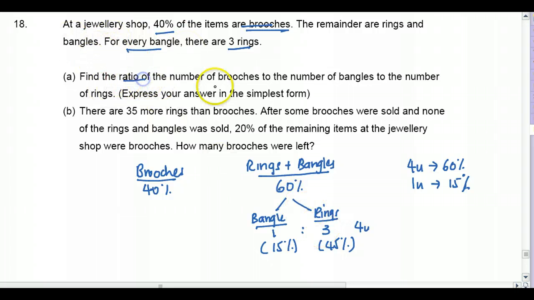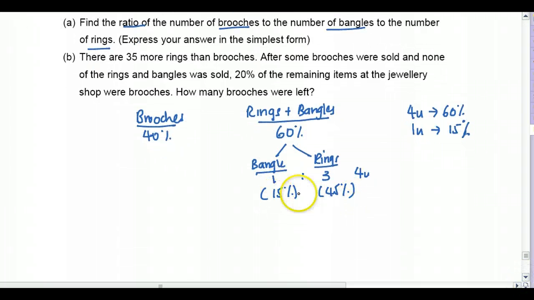Find the ratio of the number of brooches to the number of bangles to the number of rings. So how do I find this? So here I know that my brooch to bangles to ring.